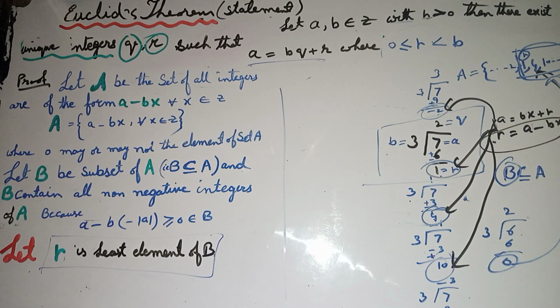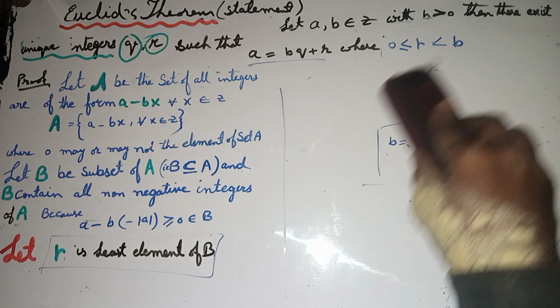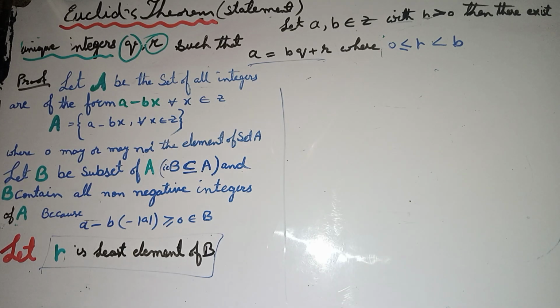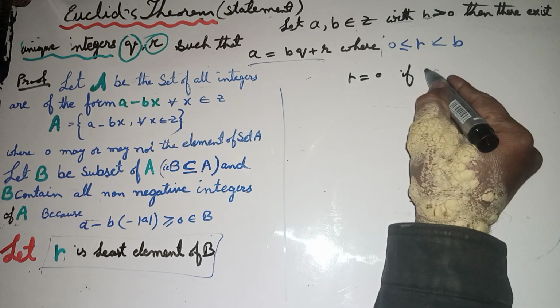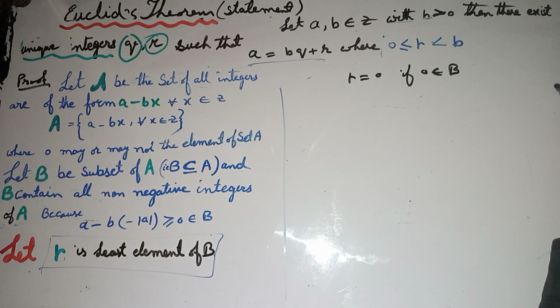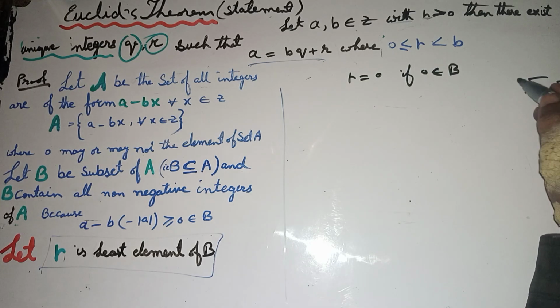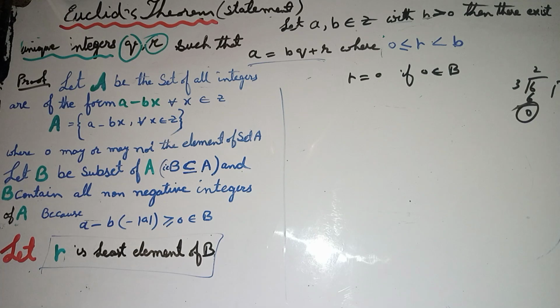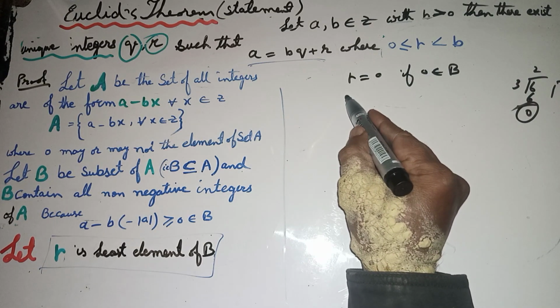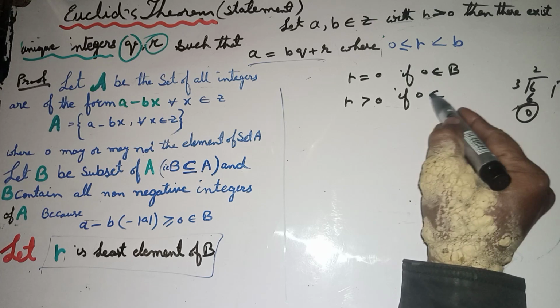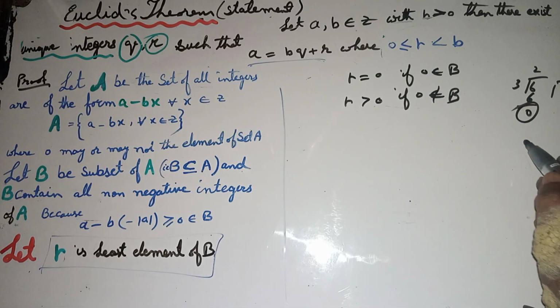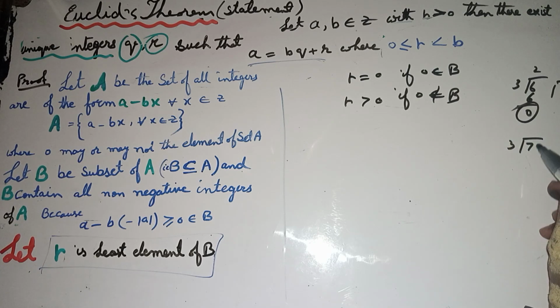I took an element R which is the least element of set B. So R may be 0 if 0 belongs to B. In this case, the set of remainders can contain R, and R is greater than 0 if 0 does not belong to B, as we see in the division case of this, where the least element is 1.